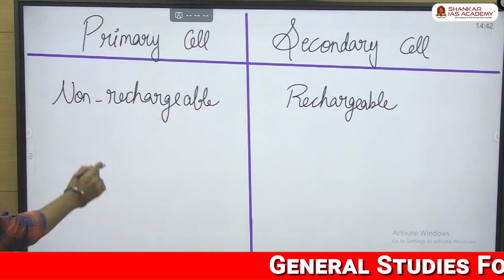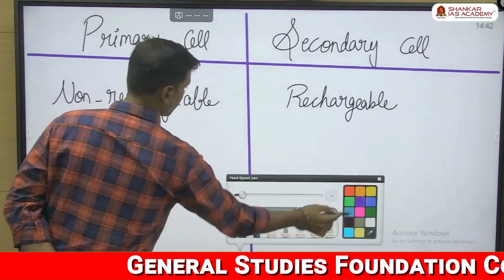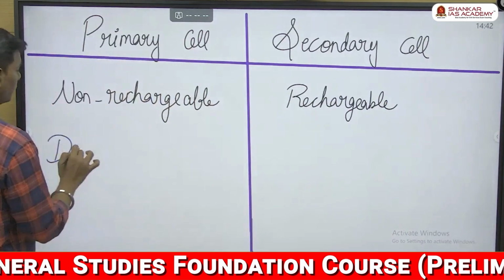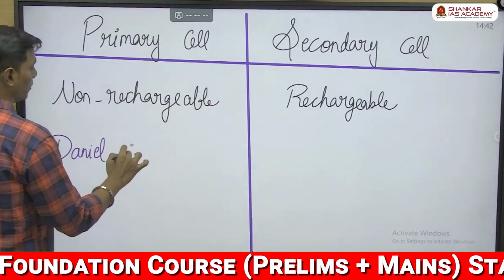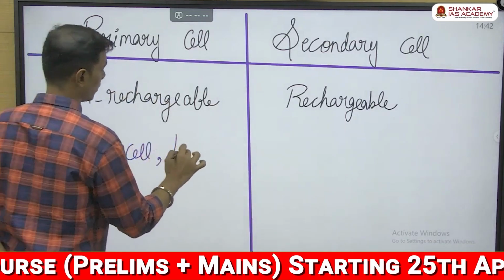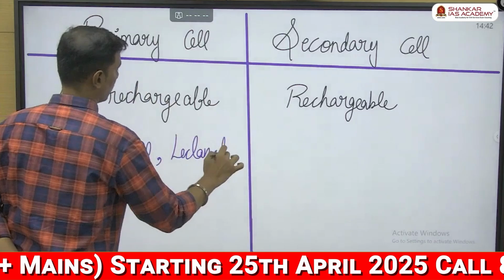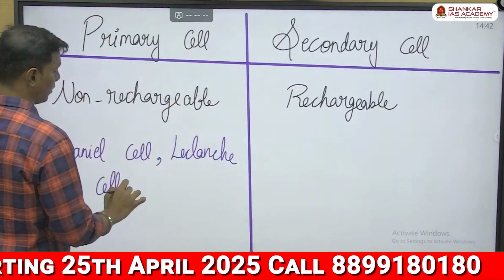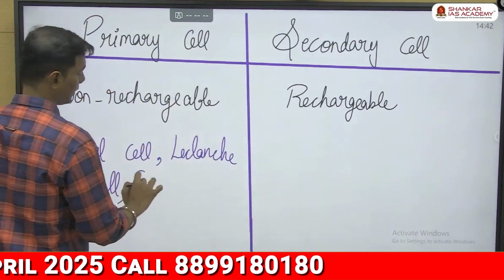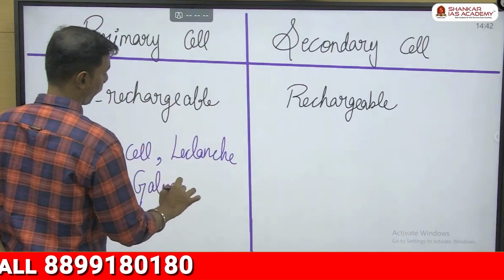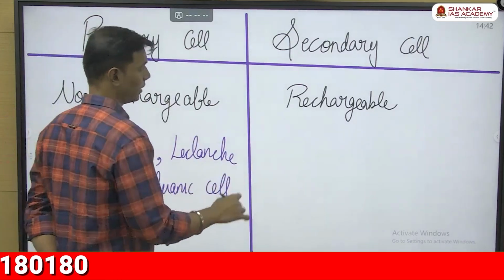Okay, then for primary cells, examples: Daniell cell, Leclanché cell, or galvanic cell. These are examples.